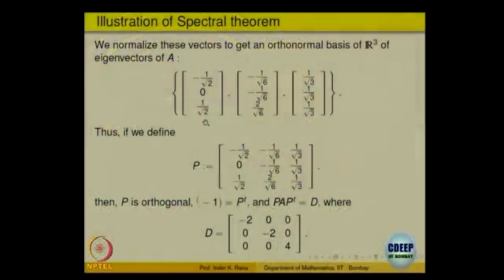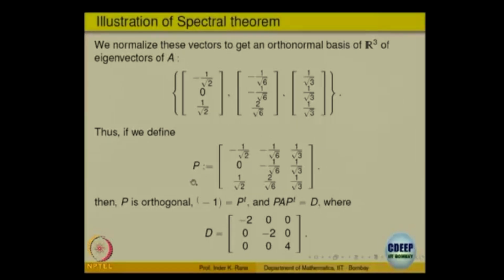You find as many linearly independent eigenvectors as the order of the matrix. If you are able to find them, it is diagonalizable. If not, it is not diagonalizable. For a real symmetric matrix, you will be able to find 3 not only linearly independent but mutually orthogonal and orthonormal vectors which form a basis. So you get this: first column, second column, and that is the third column.